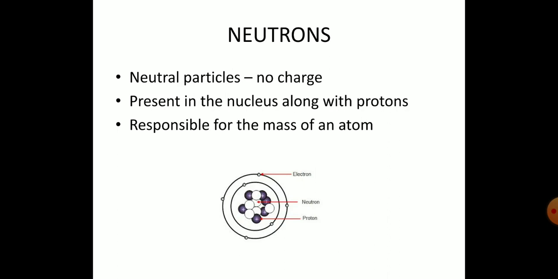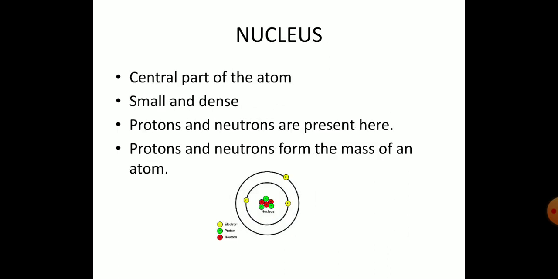Okay. Now we are going to see what is in the nucleus. What do you mean by nucleus? The nucleus is the central part of the atom. It is small in size, but it will be dense. Why dense? Dense means thick. That means there is no space between them, because the neutrons and the protons together are there inside the nucleus.